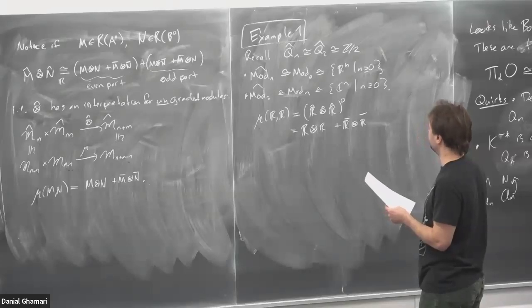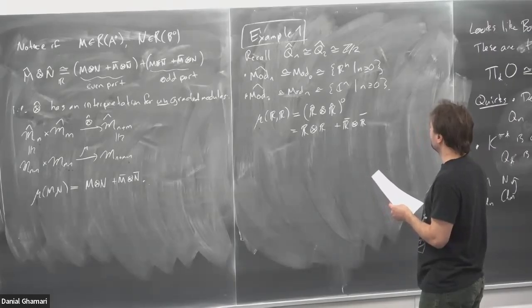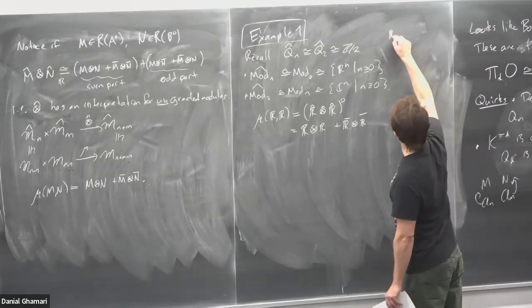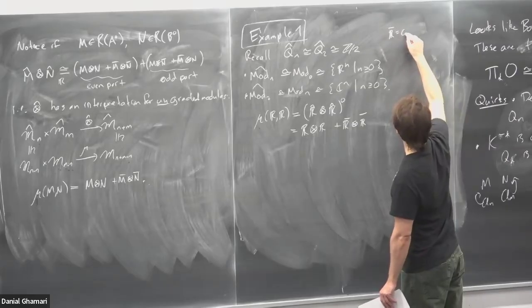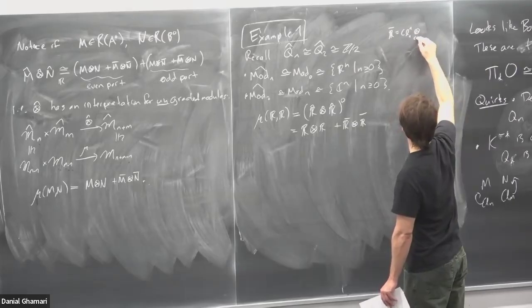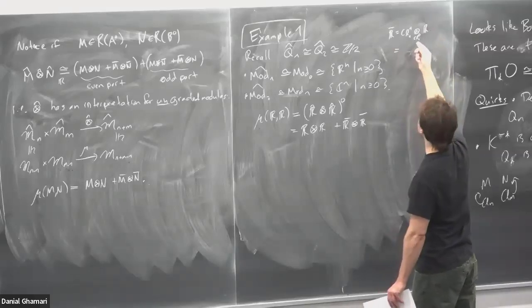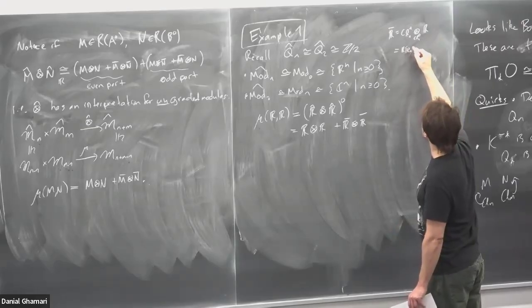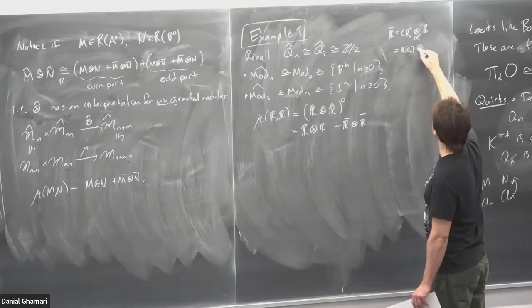Our R bar is L1 odd going to L1 even. Explicitly, this thing is the real span of P1, tensored over the real line.